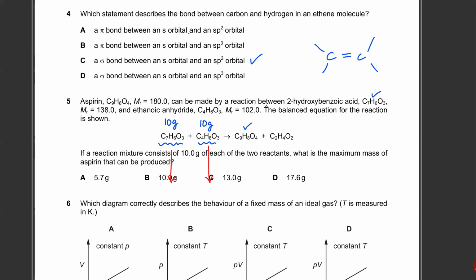Number of moles of 2-hydroxybenzoic acid would be mass, 10 grams, over the MR. The MR is 138, so it's 10 over 138. That is 0.0724.